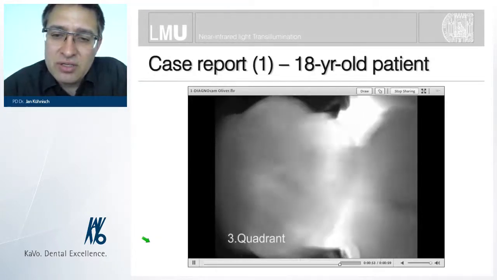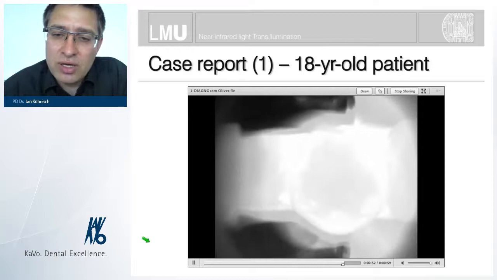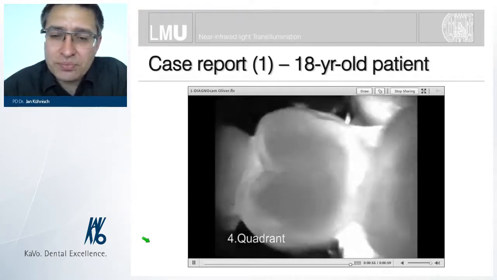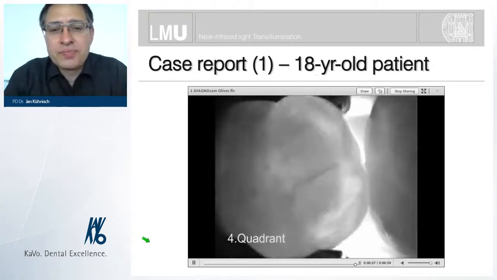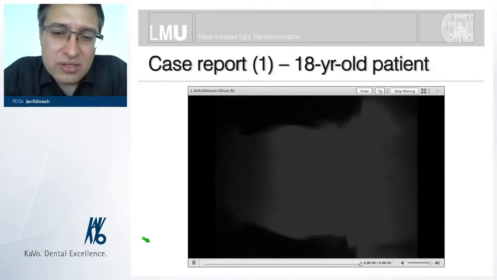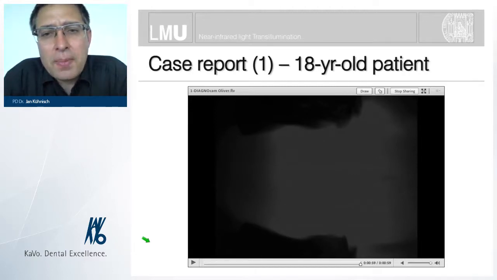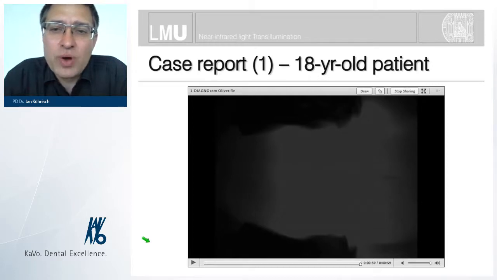And these are the teeth from the lower arc, and you see the screening does not detect any demineralization so far, and this means the near-infrared light in my hands is a screening tool, or becomes a screening tool, to investigate the patient in a very fast way and to see if there's a need for additional diagnostic methods.